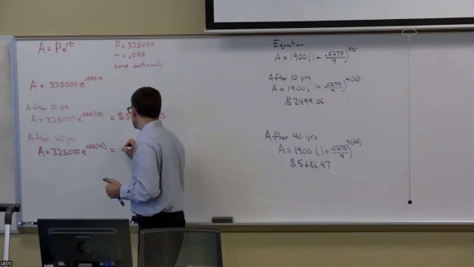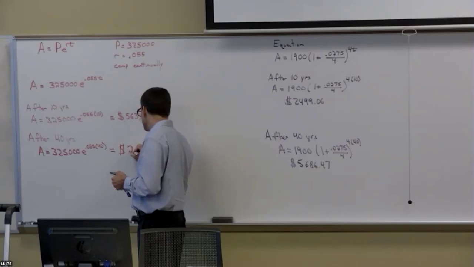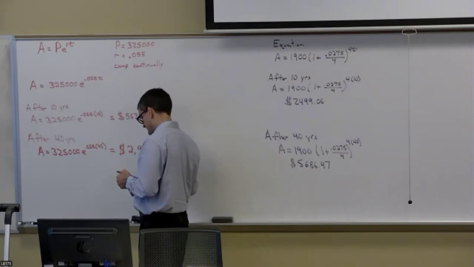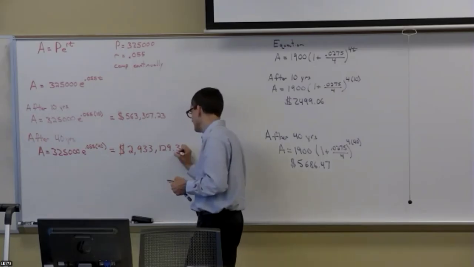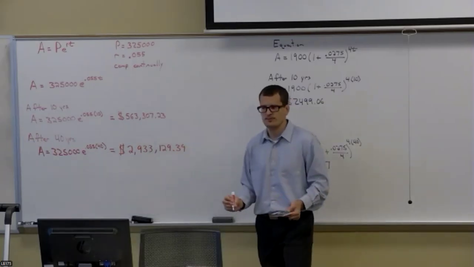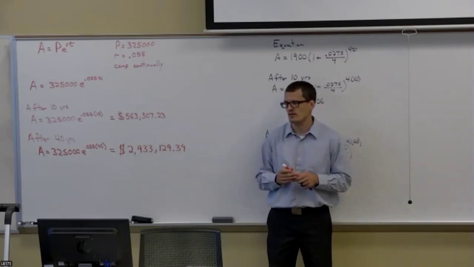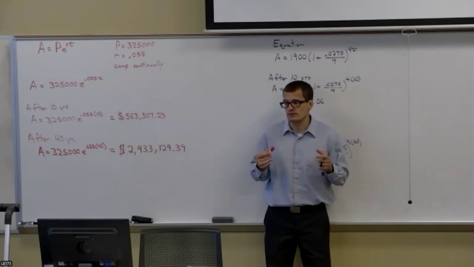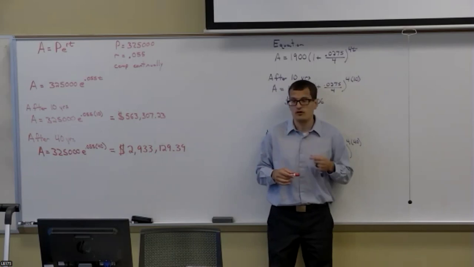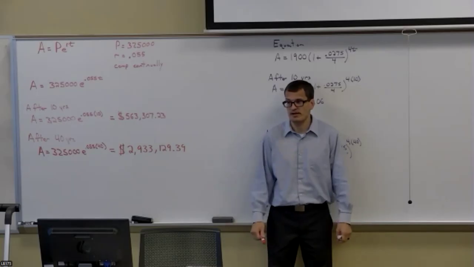So in that case, after 40 years, we end up with $2,933,129.39 rounded to 2 decimal places. So if you let this money grow over the course of 40 years, it turns into a very big amount eventually.